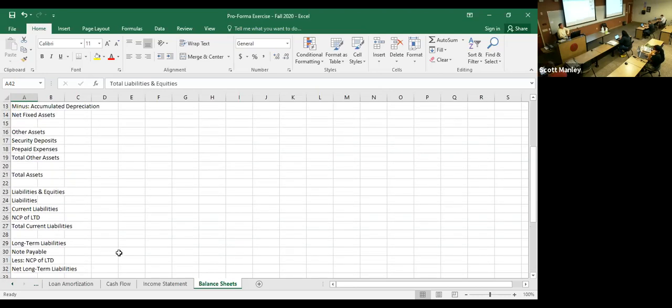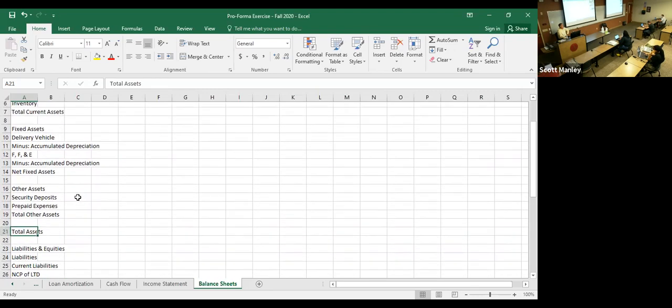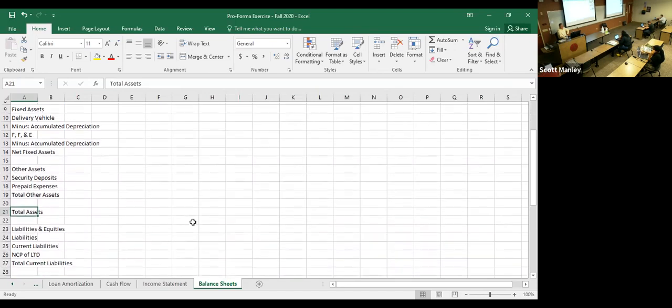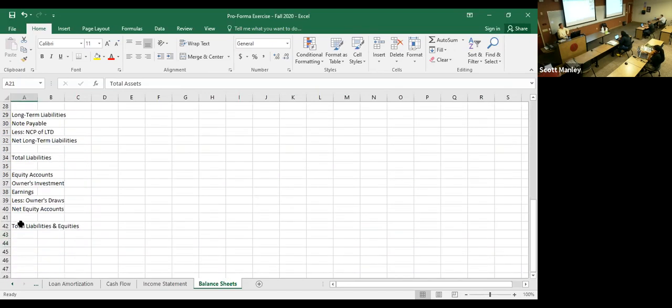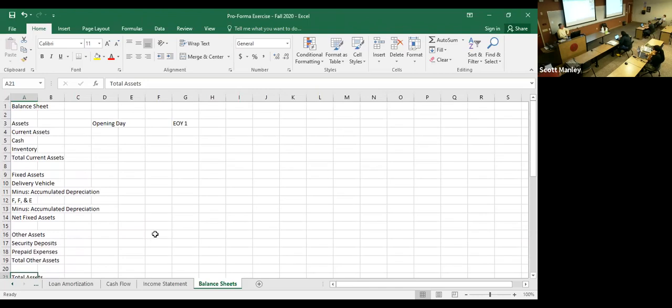It's just a sum, kind of like total assets is a sum of current, fixed, and other. Total liabilities and equity is simply a sum of liabilities and equities. All right. So now that we've done that, let's put in some formulas.